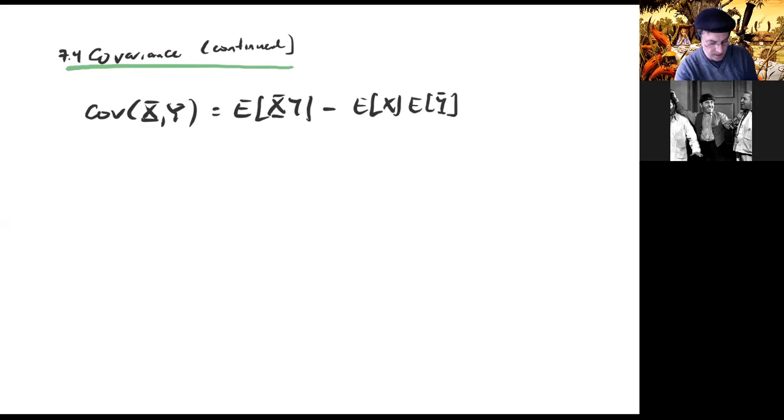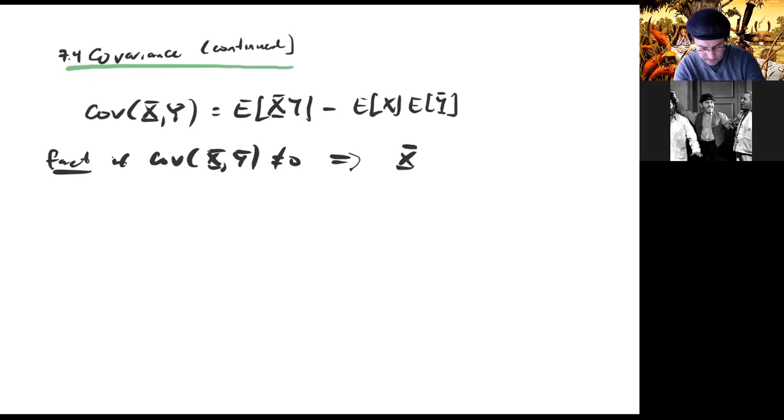This actually tells you something about whether or not the random variables are dependent. It's obvious from the definition that if the covariance of x and y is not zero, then x and y must be dependent, meaning they're not independent.